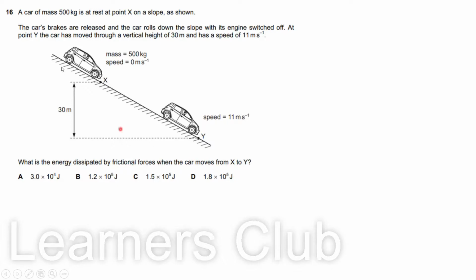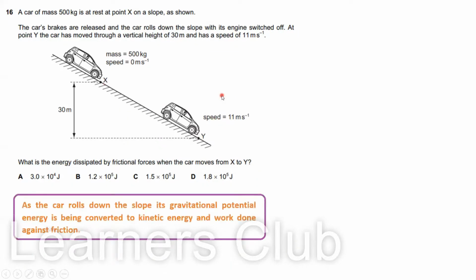As you can see, this slope has friction and that's why they are asking to find the energy dissipated by the frictional force. At point X, the potential energy is maximum. When it reaches point Y, the energy has been converted to kinetic energy, but some energy is also lost as work against frictional force.